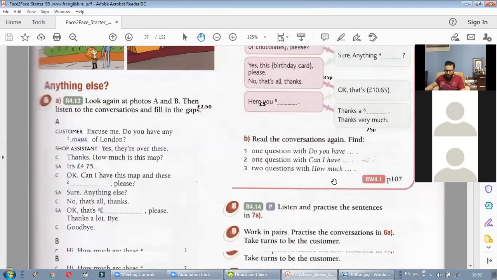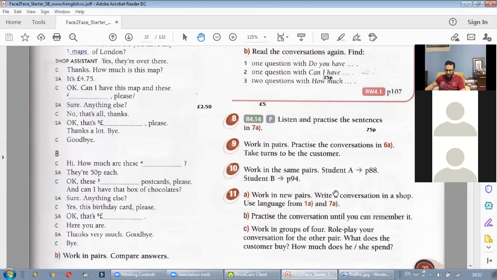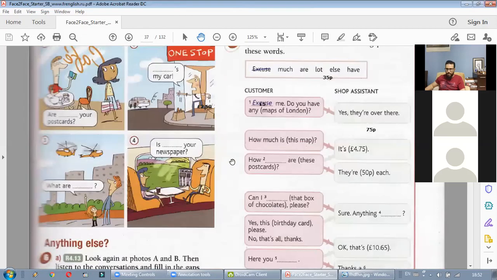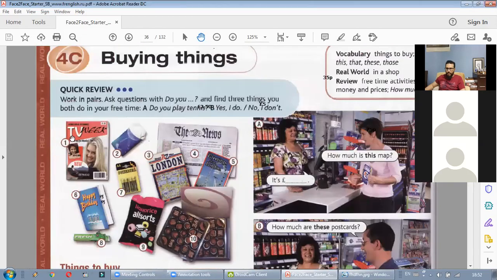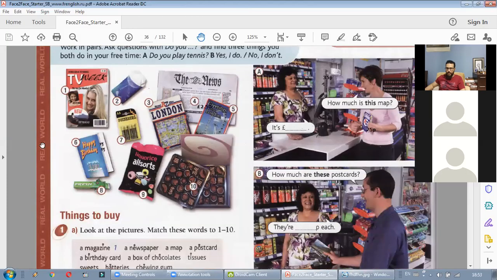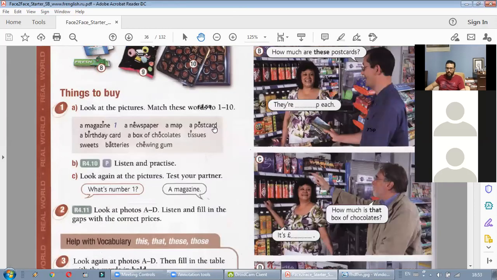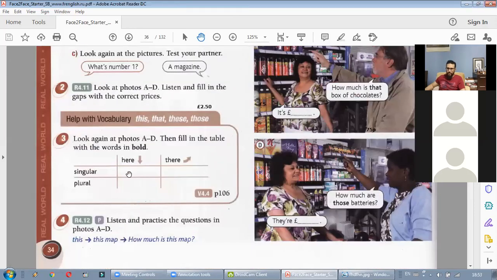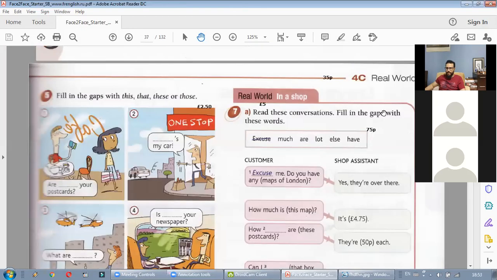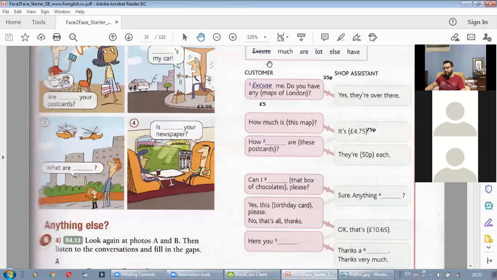Okay, so in this way we have finished this lesson. A very quick review of what we focused on: this whole lesson was about buying things. We looked at things we can buy in a shop, and then we talked about how to use this, that, these, those. We had some conversations: how to be a customer, how to be a shop assistant, and how to buy things. Okay, so we finished this.